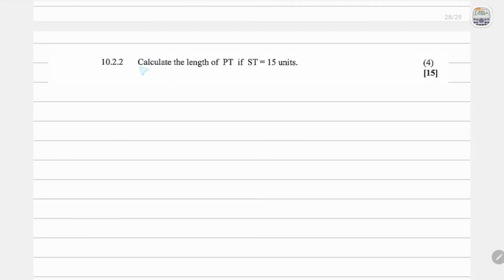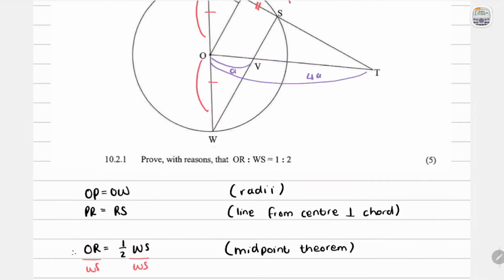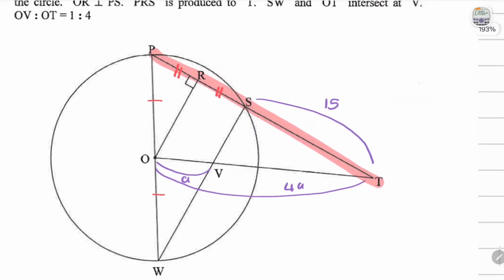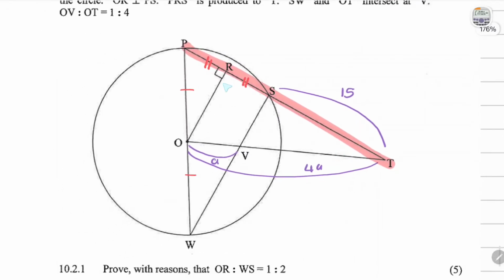Okay, 10.2.2 says calculate the length of PT if ST is equal to 15 units. So they want us to find the length of PT, this entire length, if we know that ST is 15 units. Okay, let's get rid of these ones. And here, do you see that we are using proportions? Along with proving that this is half the size of this length, we also conclude that these two lines are parallel.